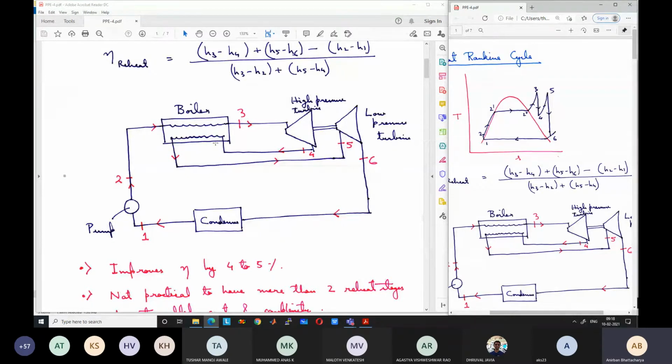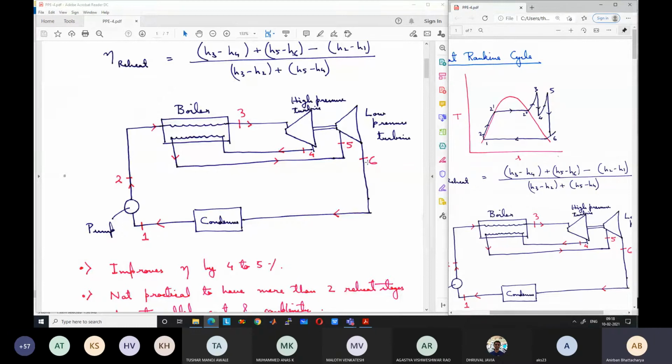So from 5 to 6 is the expansion in the low pressure turbine. And then from 6 it is passed at state 6 to the condenser for the condensation to occur. Okay. The state 6 may be within the two-phase region or it may be outside in the superheated region.